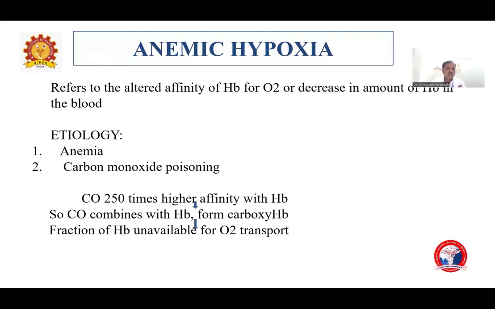Carbon monoxide has 250 times higher affinity for hemoglobin. So, carbon monoxide combines with hemoglobin, forming carboxyhemoglobin, and the fraction of hemoglobin available for oxygen transport is less. So less oxygen bound, so less oxygen delivery to the tissues.